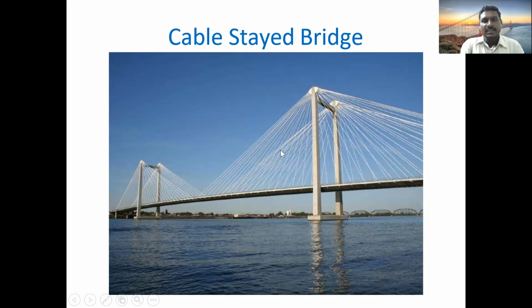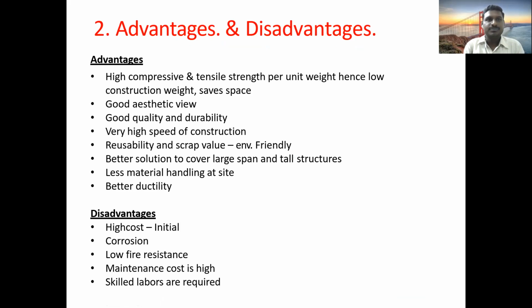So we call it a cable stayed bridge, and this bridge also we can construct by using structural steel members. Okay, so some of the applications or examples of steel structures we have seen by looking at the images.